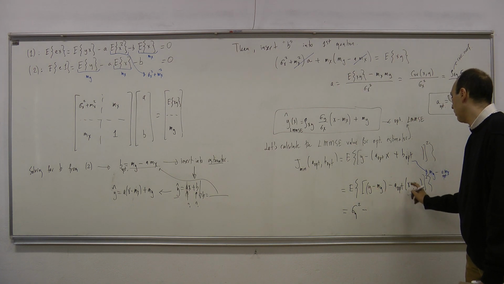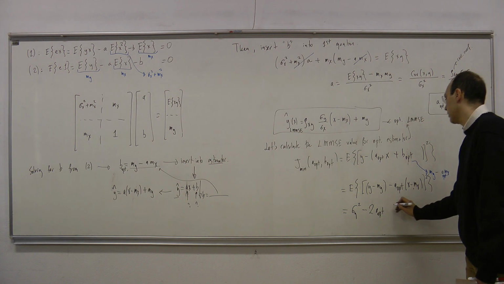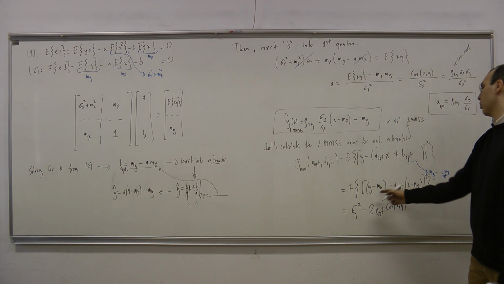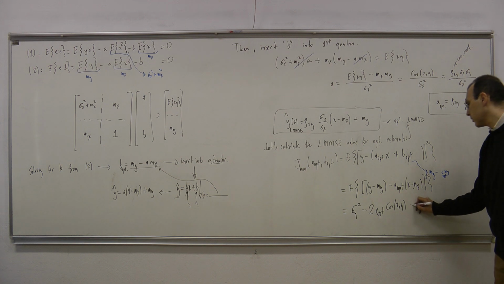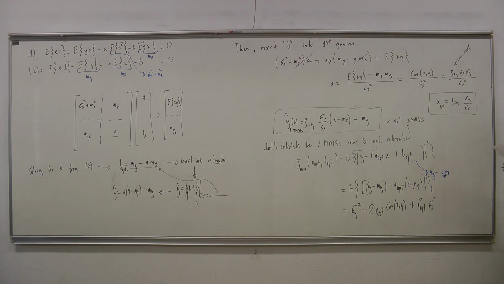You get the cross term, 2 A_OPT, whatever that is, then you have the covariance of x and y because of this cross term, plus A_OPT square sigma_x square. I get something like that.